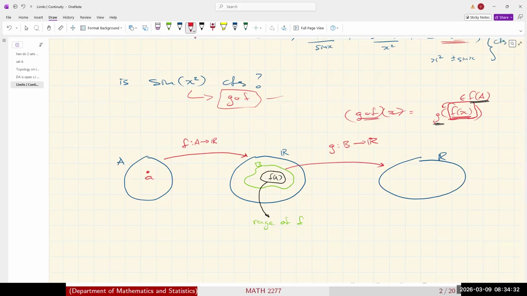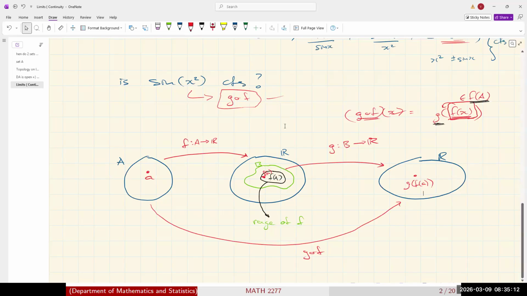If f is continuous at this point, then this guy here is f of a, and if g is continuous, then the composition, which is this mapping, is also continuous at a. So it will map to this point here, which is g of f of a.